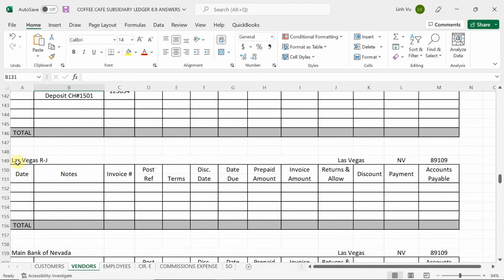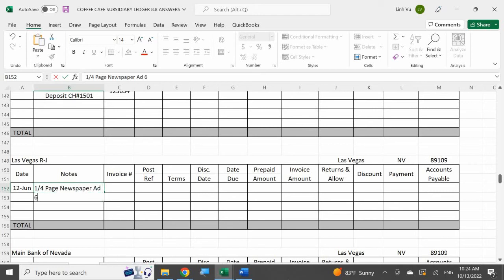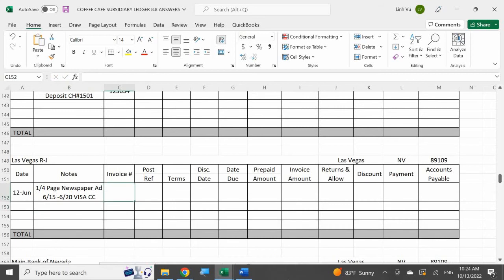So here you go, Las Vegas RJ. Today's the 12th. You ordered a 4th page newspaper ad. Okay, and this is where you can identify that it's supposed to be run from June 15 to June 20th, and you used your Visa credit card to pay.